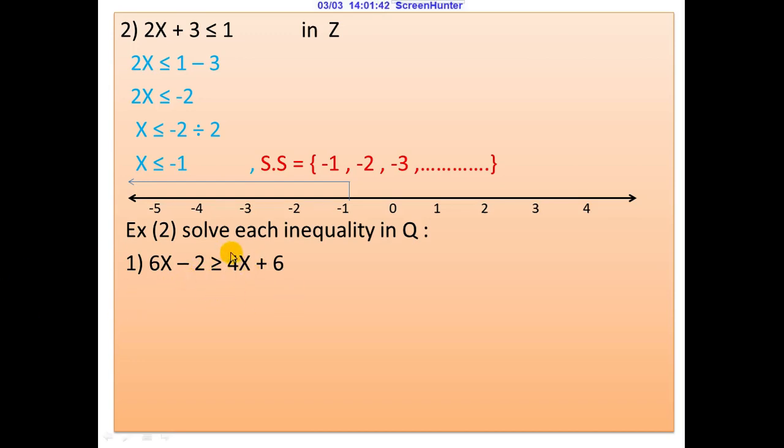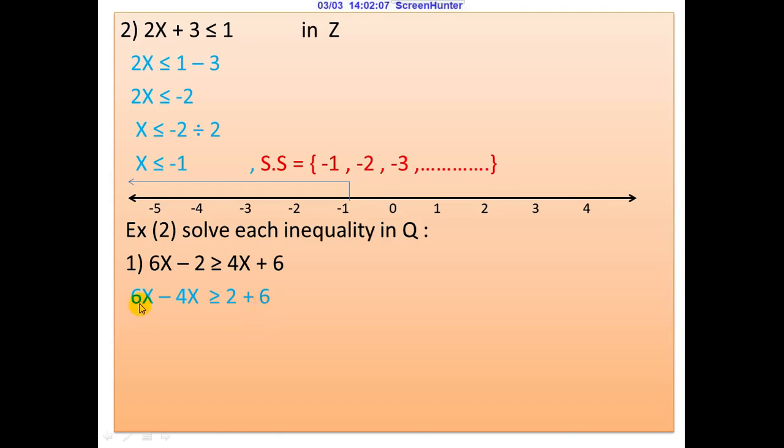By moving 4x to the other side with a different sign, and moving negative 2 to the other side with a different sign also. Keep 6x as it is, and 4x will be negative 4x, bigger than or equal to positive 2 on the other side, plus 6 as it is.